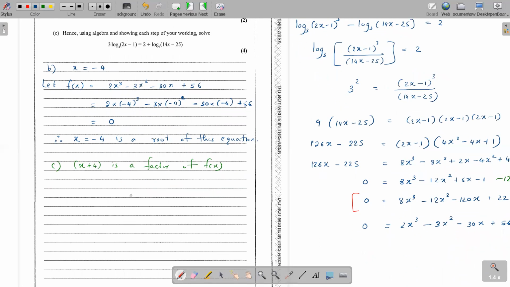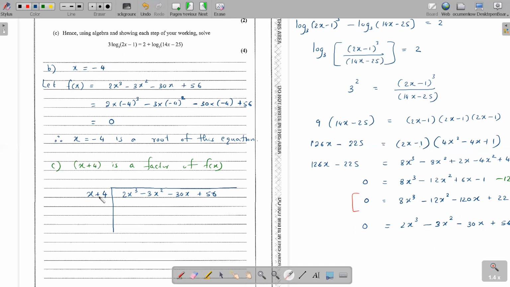Here you have 2x cubed minus 3x squared minus 30x plus 56, divided by x plus 4. When you divide, the quotient should give you the 2 remaining factors. Your quotient will obviously be a quadratic.